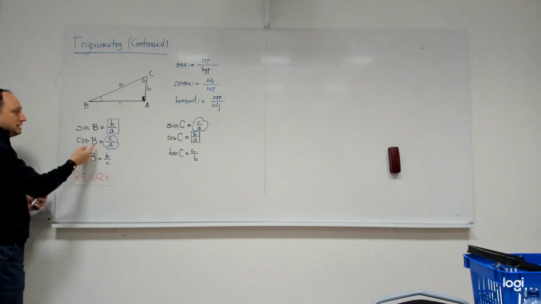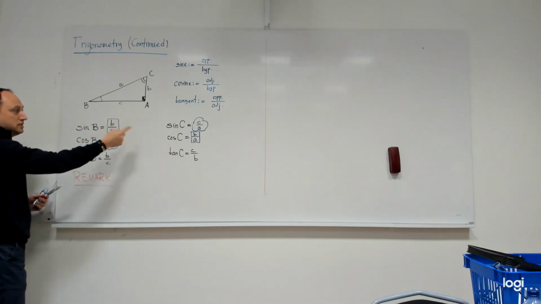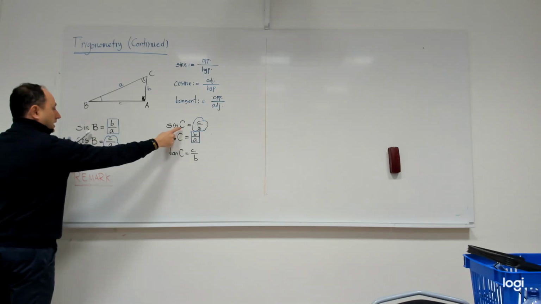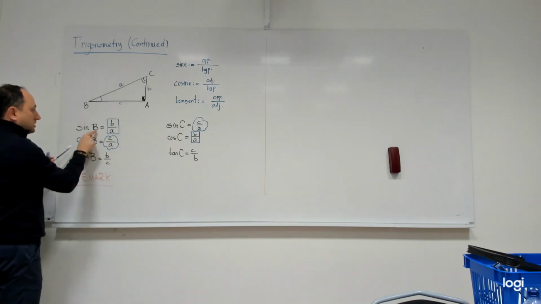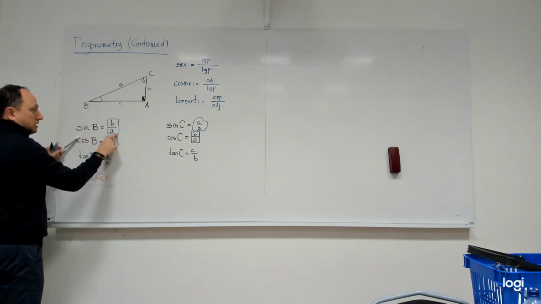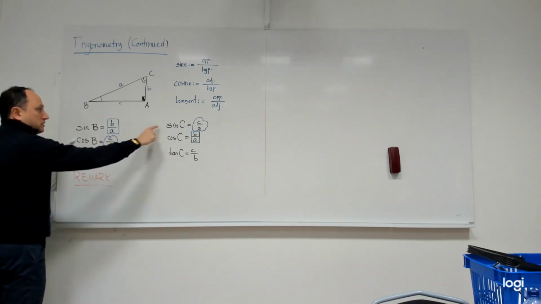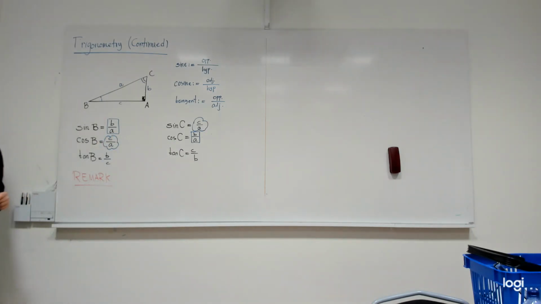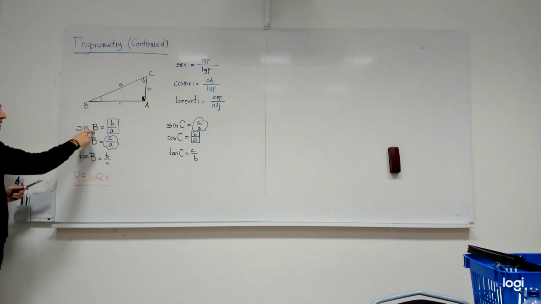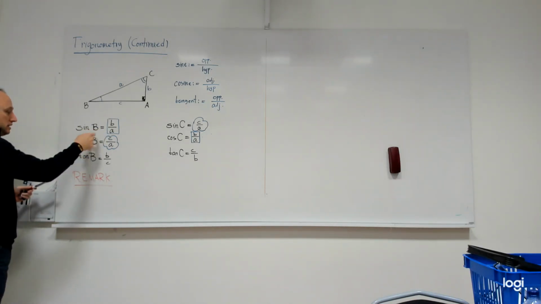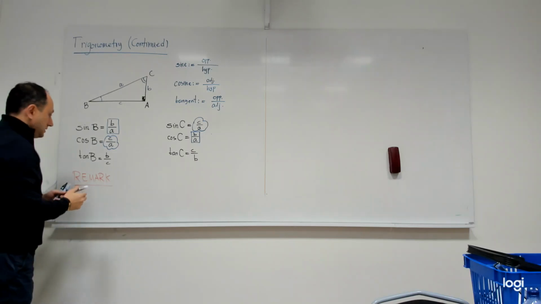And we see that if B and C add up to 90 degrees, sine of B is equal to the cosine of C, and cosine of B is equal to the sine of C. Yes. So the name of these two angles is complement angles. So what is the complement angle?